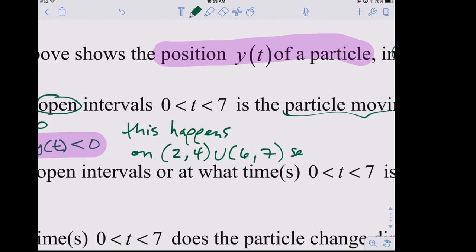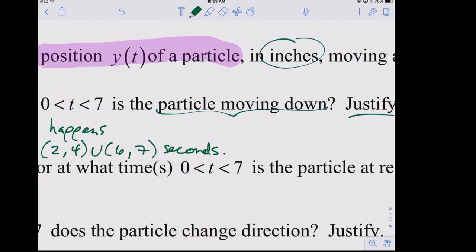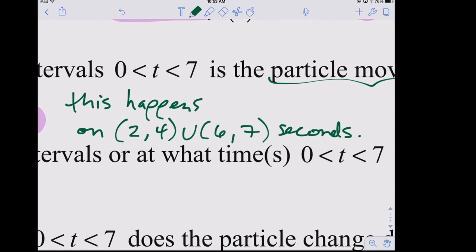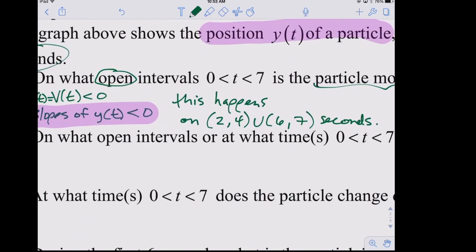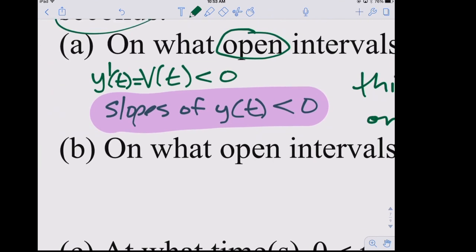So then you can just add it at the back end of that, in seconds. So notice the justification came first, and it gave us something to look for on the graph, and then we just answered the question. You could have said the particle is moving down on these intervals since on those intervals the slopes of y of t are less than 0.